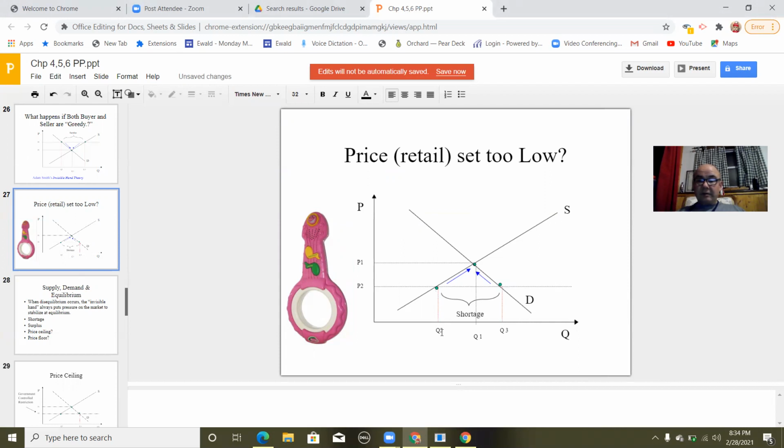And this level here, Q2, maybe about 500. So Q2 would be 500, Q1 would be 1,000, Q3 would be about 1,500. And so this caused this gap between 500 and 1,500, which is a 1,000 Barney banjo shortage. Way more demanded than we're actually hitting the market.